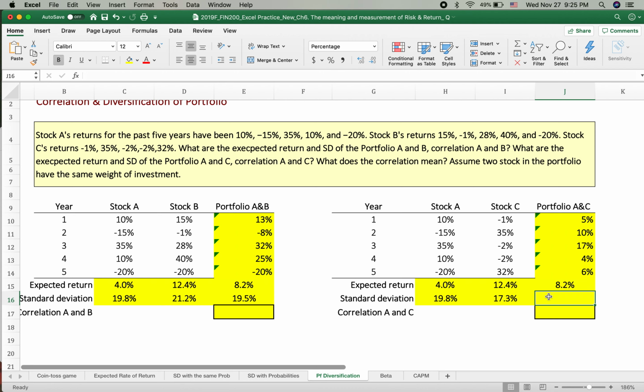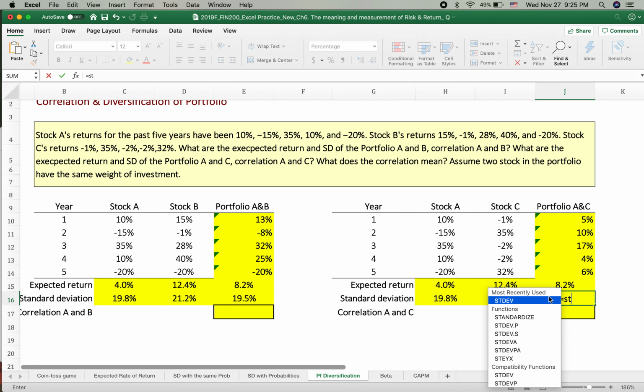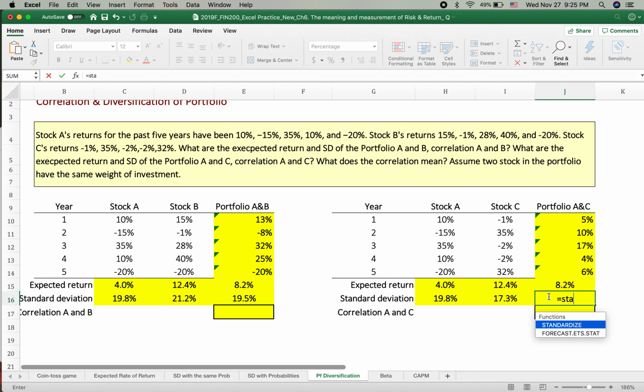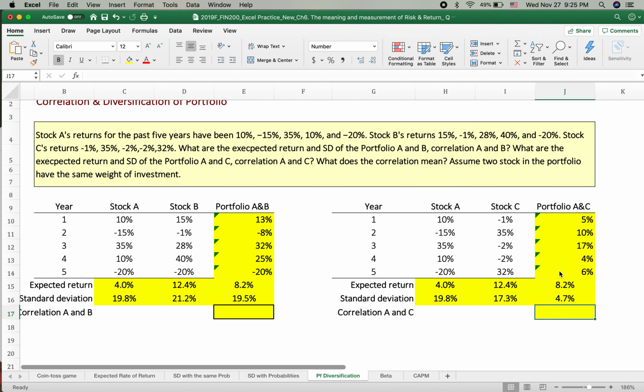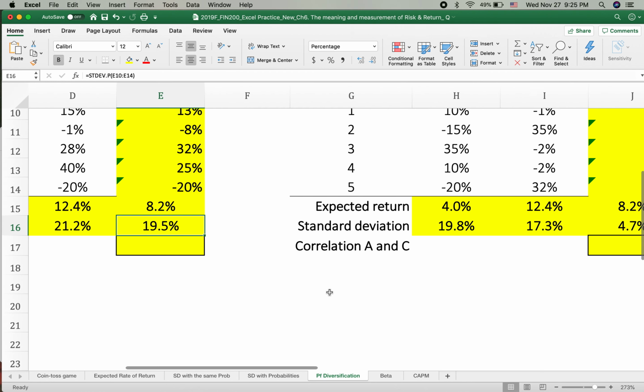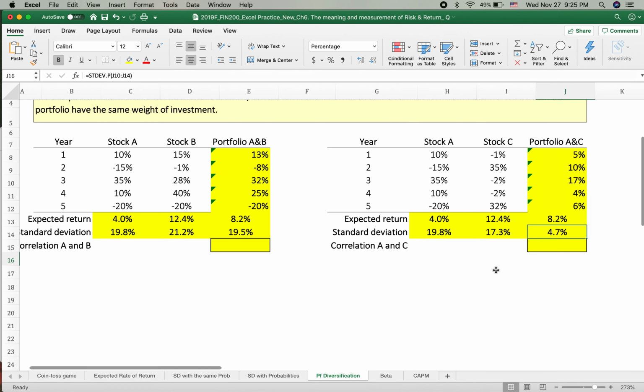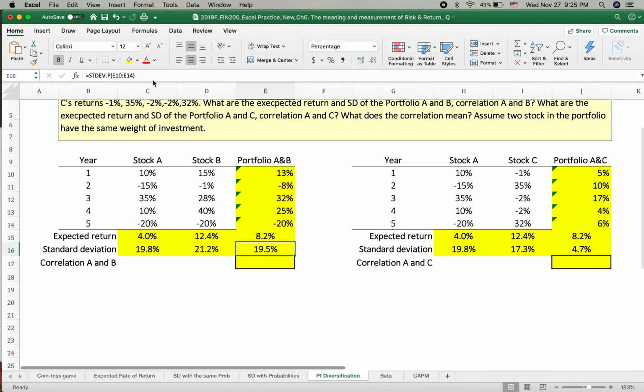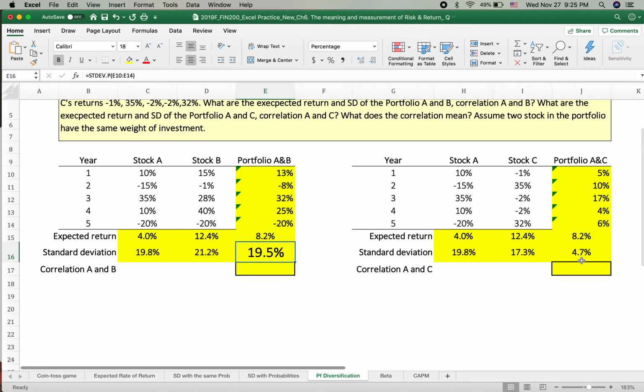So, what is the standard deviation? Let's calculate the standard deviation of this portfolio A and C for 5 years. Let's take a look at this standard deviation. Let's compare this and this. Okay, let's increase the font size.